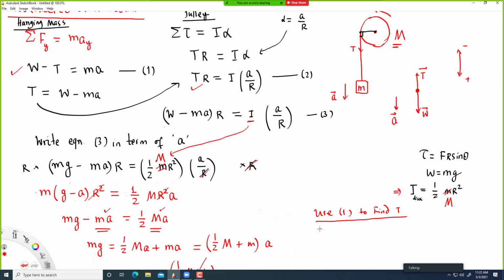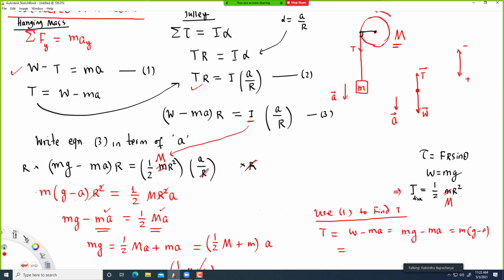So T is equal to W minus ma, mg minus ma, or this is m(g minus a). Mass, here we are talking about the hanging mass.